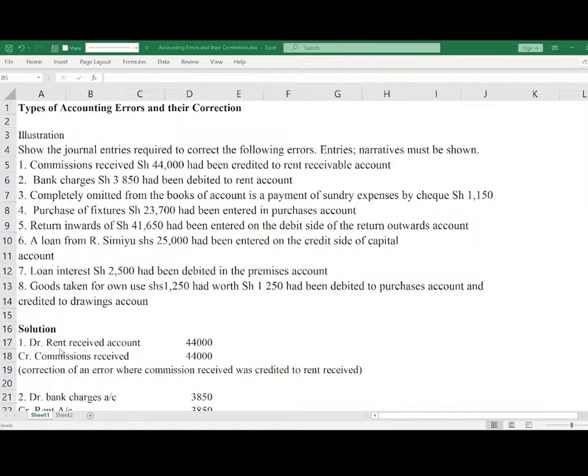So we are going to have debit rent receivable account. Then since it is increasing the revenue, commission received, we are going to credit that. So we say correction of an error where commission received was credited to rent receivable, with the same amount of money, 44,000. So we go to number 2.